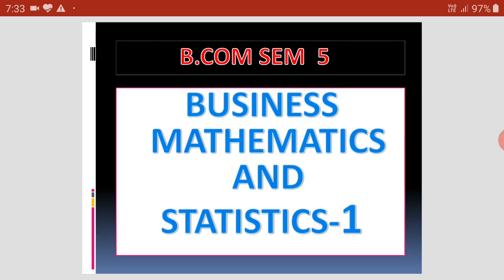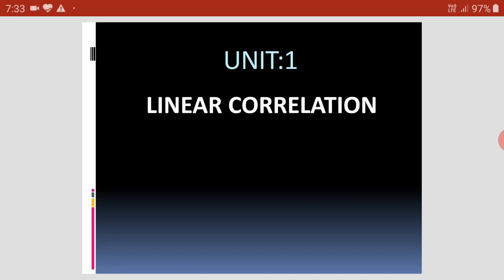We are starting chapter number 1 in the subject of statistics. Chapter number 1 is linear correlation. I think you studied the linear correlation chapter in standard 12th, if you had adopted the subject of statistics.